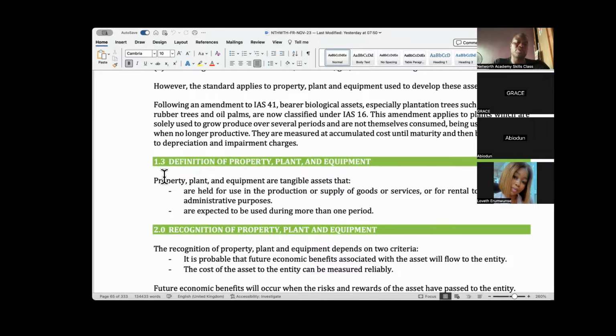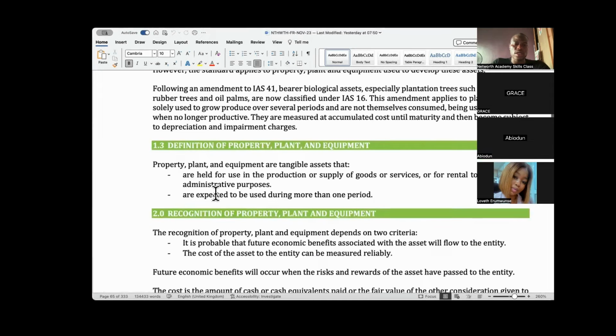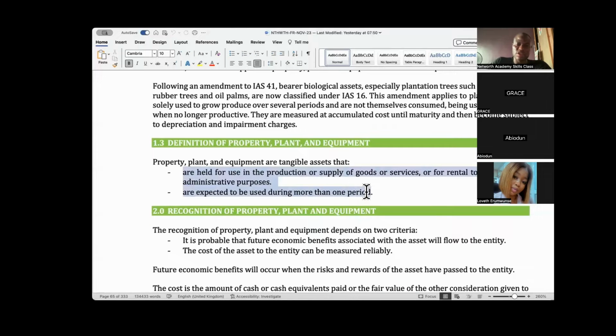And we said PPE are tangible assets that are held for use in the production or supply of goods or services, for rentals to others, and for administrative purposes, and are expected to be used during more than 1 year. And we explained this definition critically, using it as a basis for the further discussion we had on PPE. And I hope that you also have learned this definition and you can mention it by heart by now.